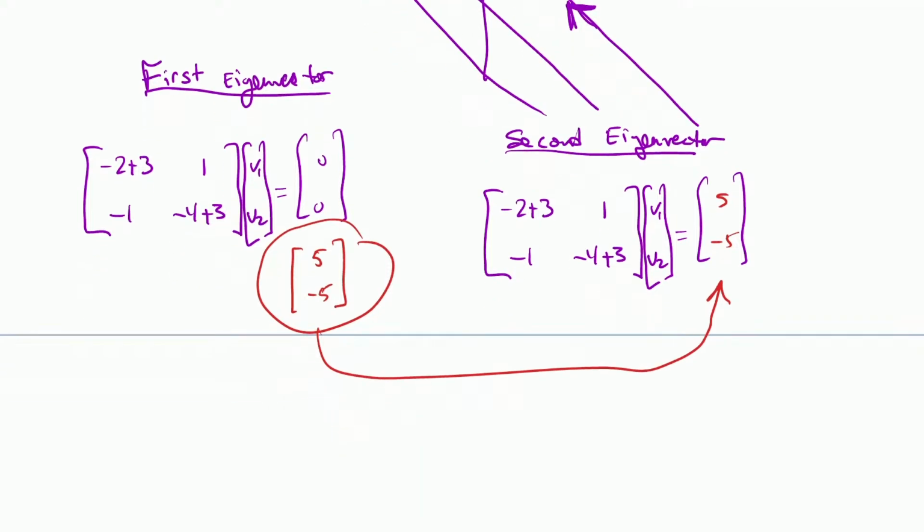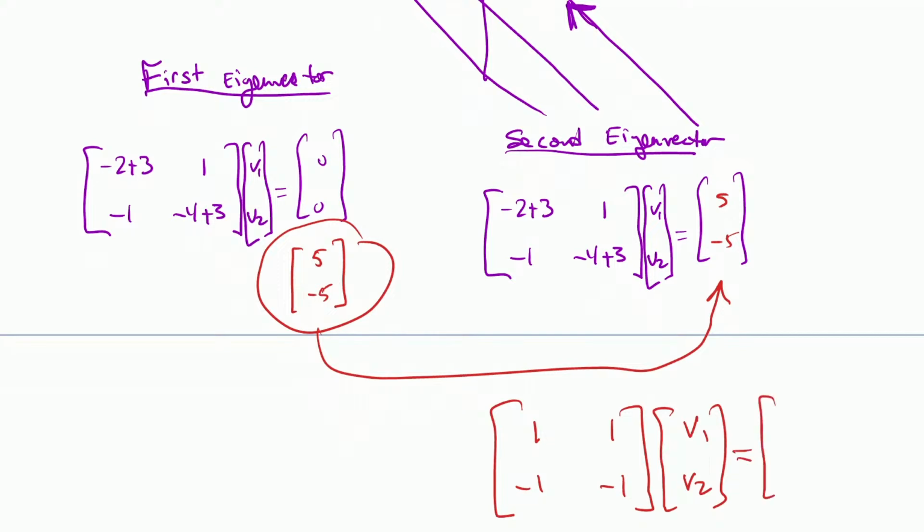So let's see, this is going to be [1, 1; -1, -1] times (v1, v2), and that should equal (5, -5).